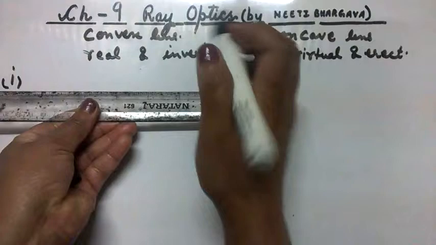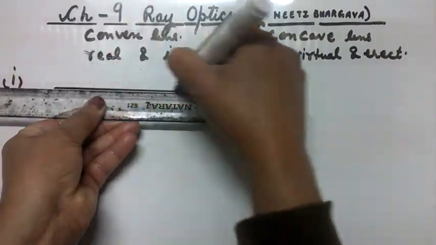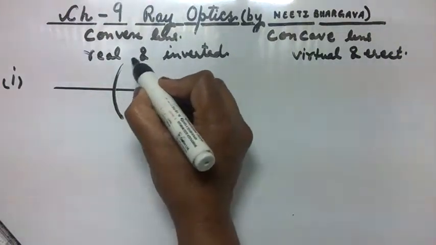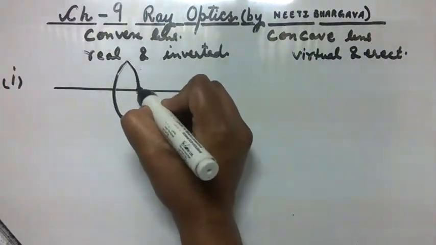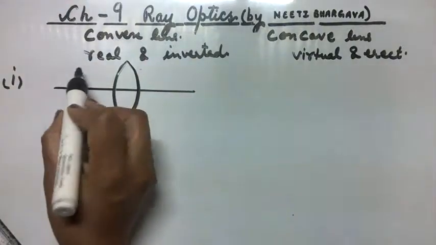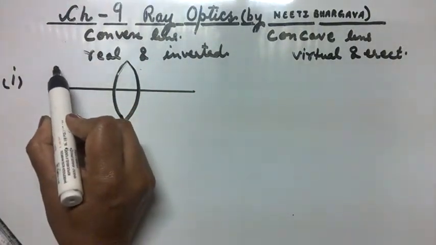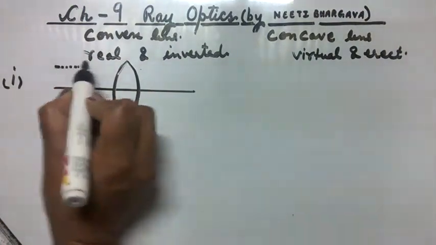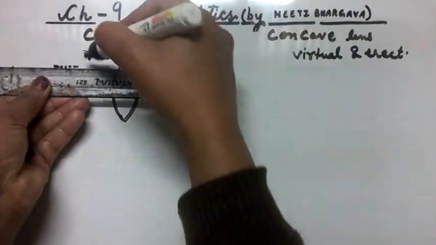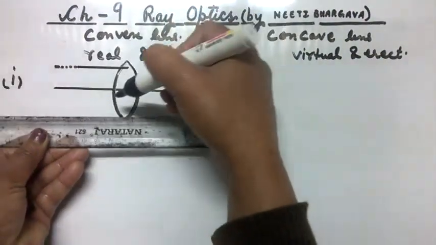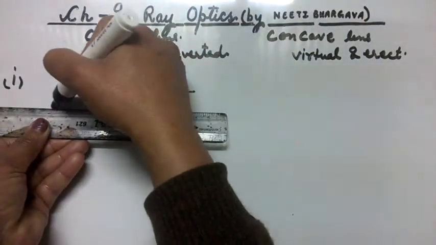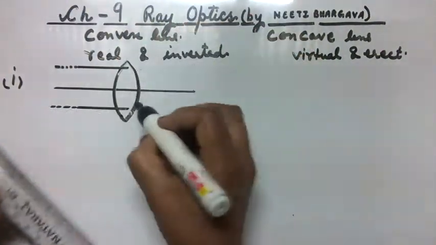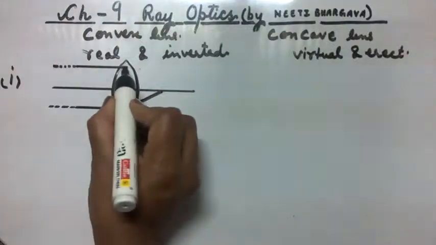So first, let's discuss when the object is placed at infinity. So the image will form at focus. We have studied it a number of times. So if the object is at infinity and the rays are coming from infinity, then after refraction it converges and forms a real as well as inverted image at focus.